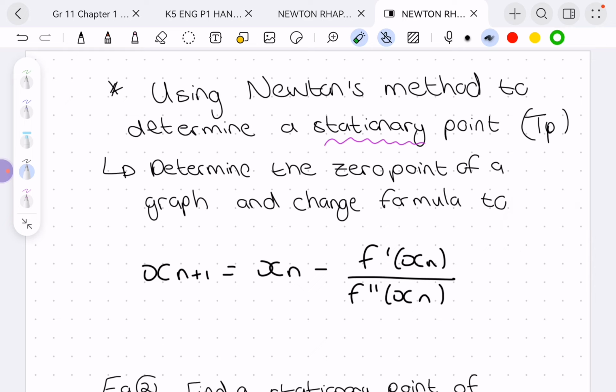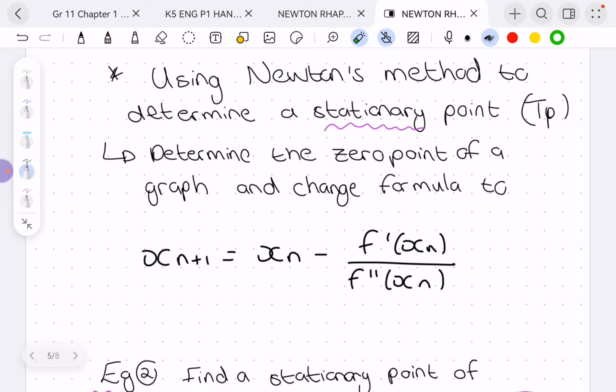So if I need to find a stationary point, I'm going to have to change the formula a bit.